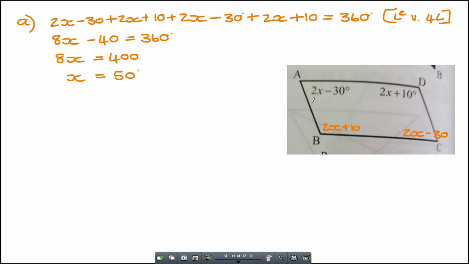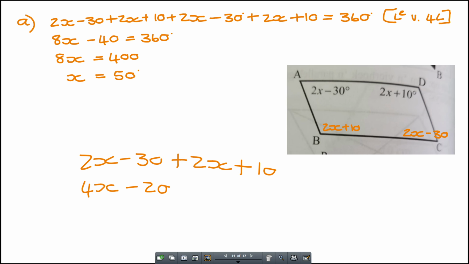So jy het net gesê 2x minus 30 is gelyk aan 2x. Okay, so kyk gou, ek weet nou nie of ek jou verkeerd verstaan het. Het jy dit gesê? Okay, met ander woorde dan het jy gekry 4x minus 20. Toe, hoe kom jy van daar af by 50?